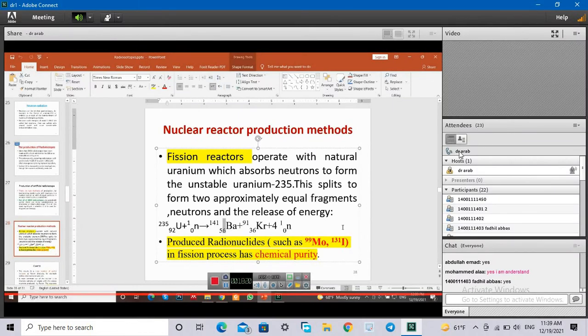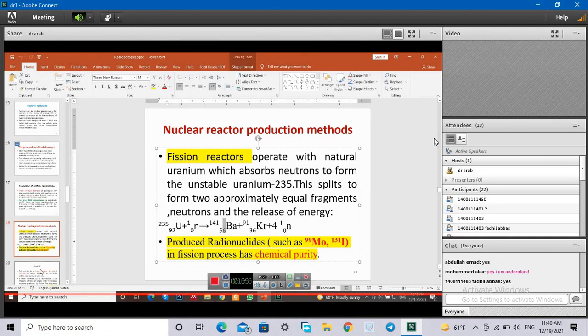In this situation, when we produce a radioactive daughter from the stable nuclear mother, we use a simple chemical reaction to separate the produced radioactive daughter from the mother nucleus.